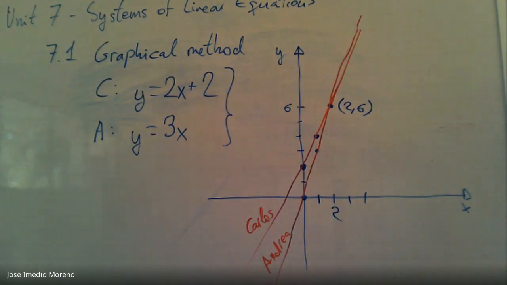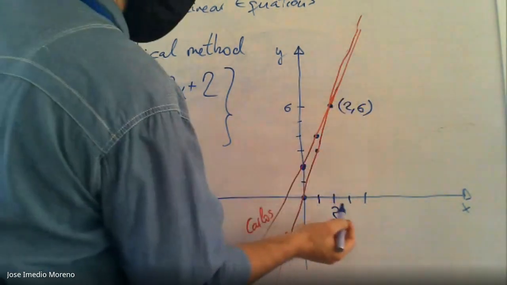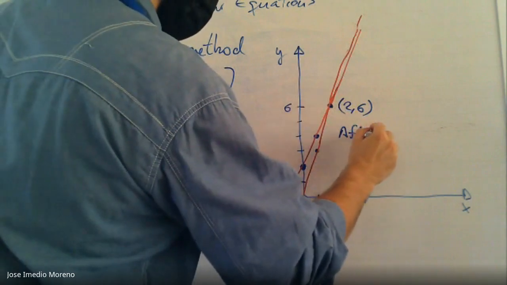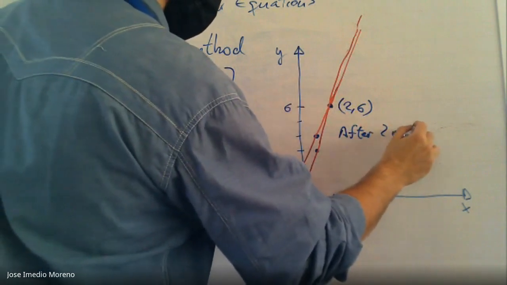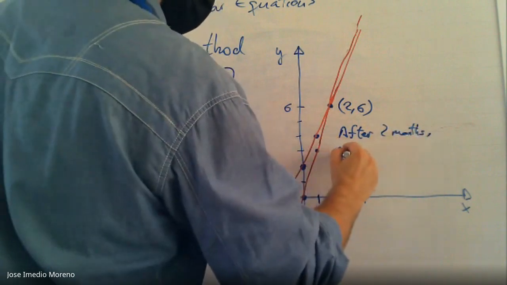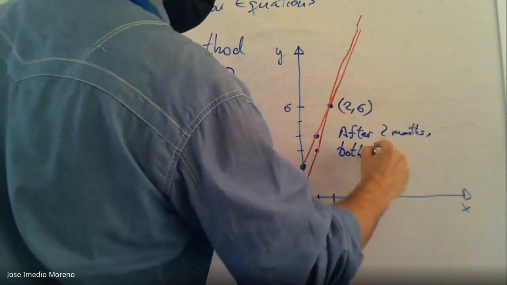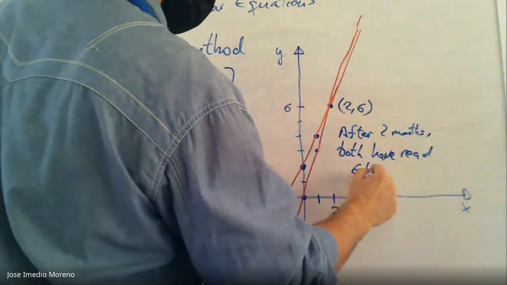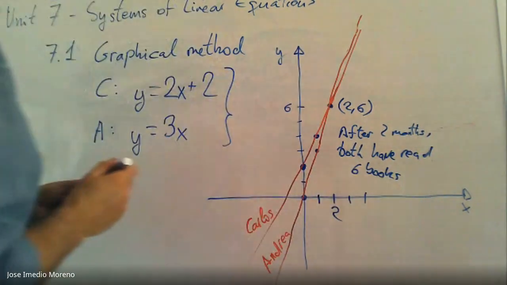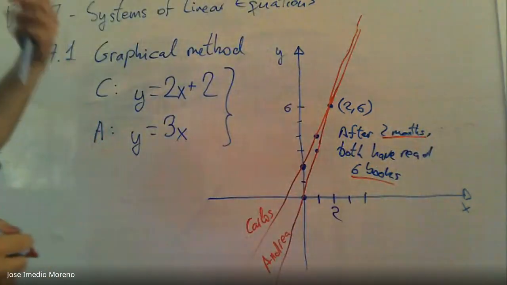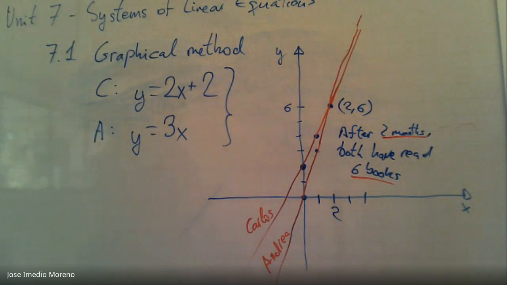That means that after 2 months, both have read 6 books.